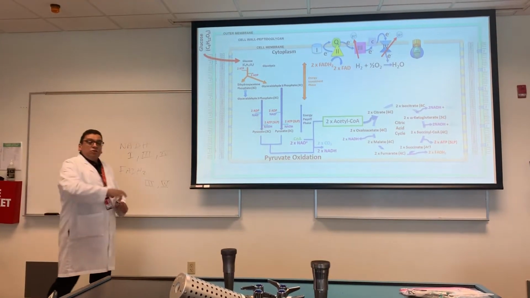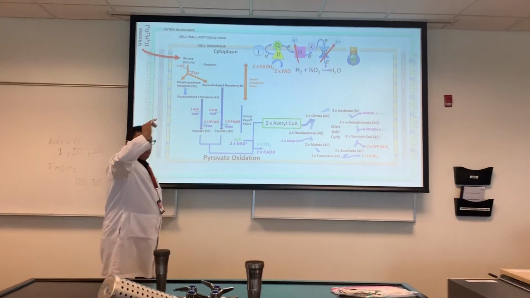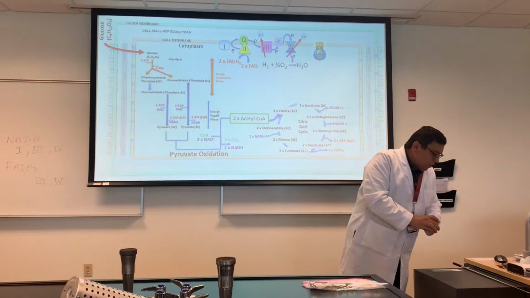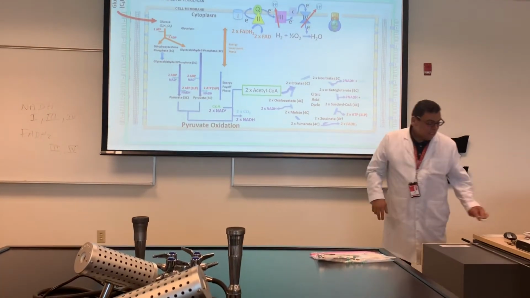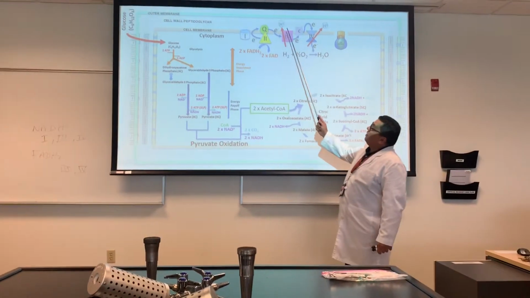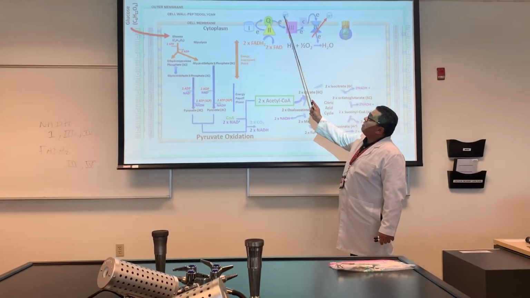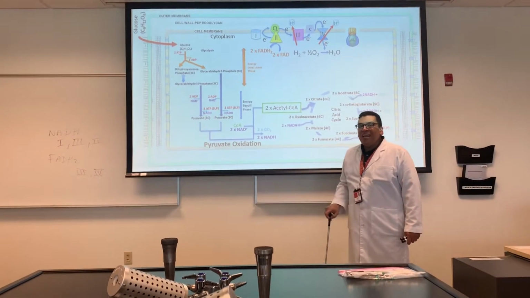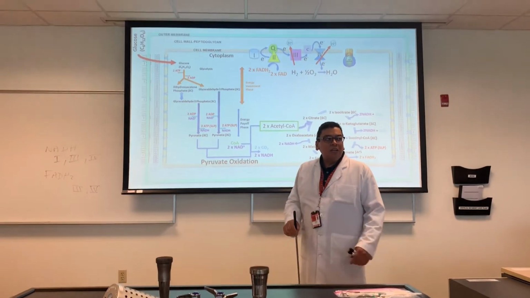So all that hydrogen in that space is trying to create something called the electrochemical gradient. It is a gradient because it's a difference in the concentration across a membrane. But this is a charged element, so it's called an electrochemical gradient.